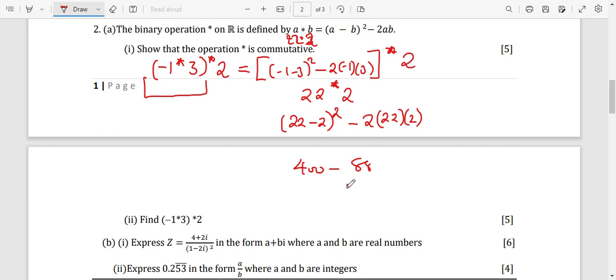So now subtracting, you are going to get 312. So the answer is 312.